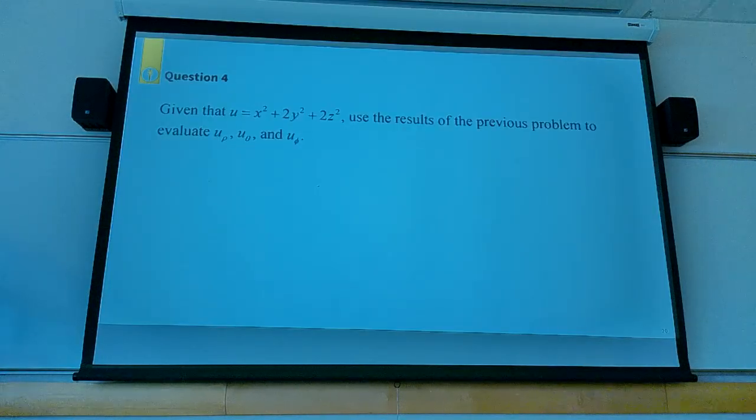U is x squared plus 2y squared plus 2z squared. We're going to use the results that we just came up with to find u rho, u theta, and u phi.